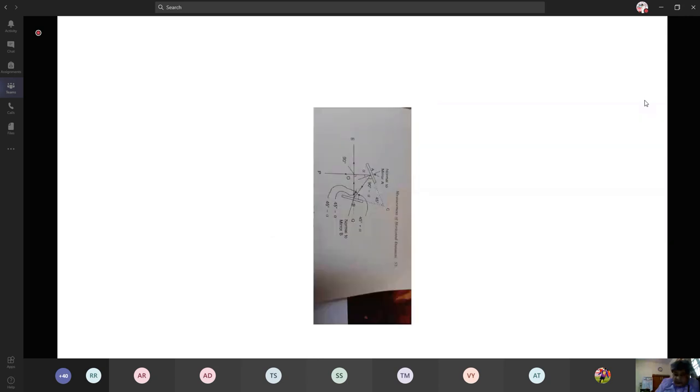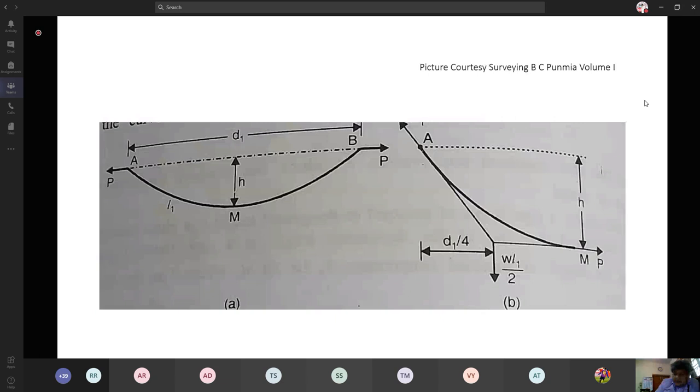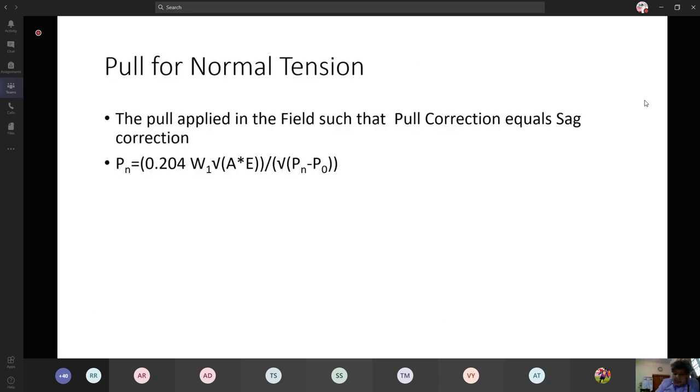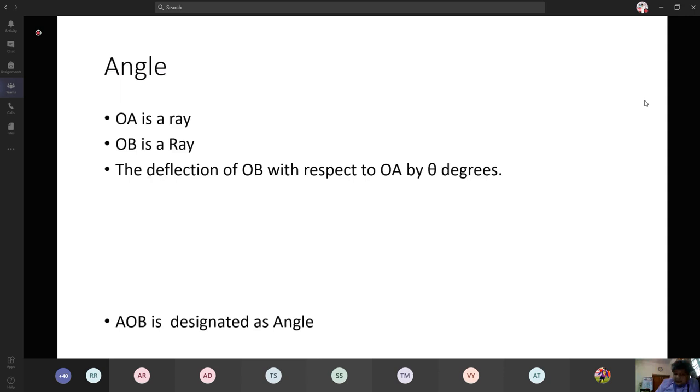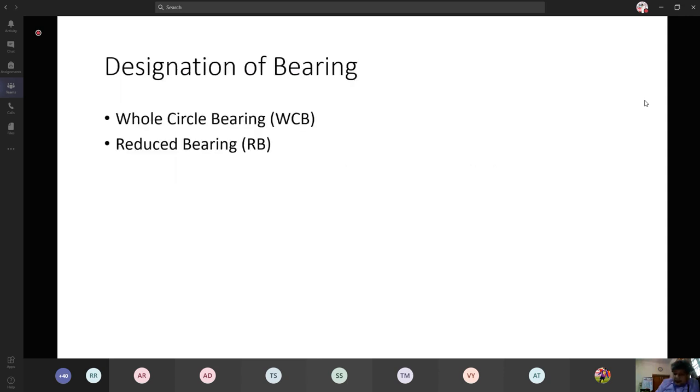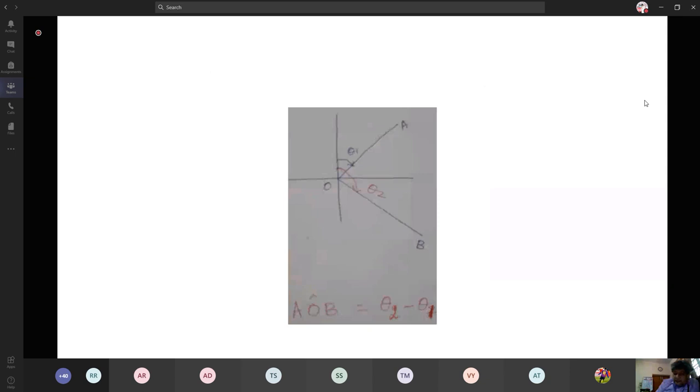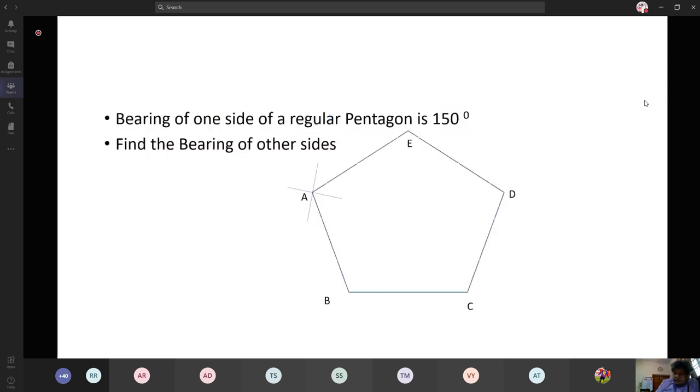Fine. Wonderful. So what is the bearing of the other side? Angle BCD is 108. Bearing of CB is 258. Angle BCD is 108.